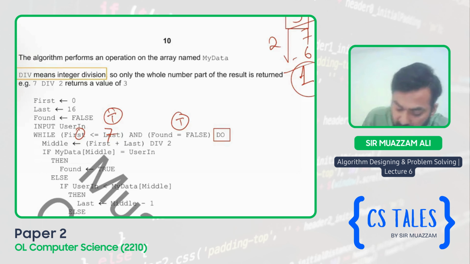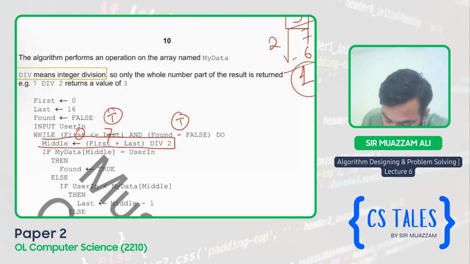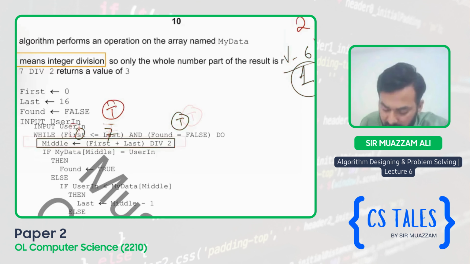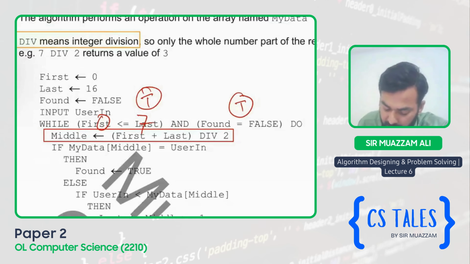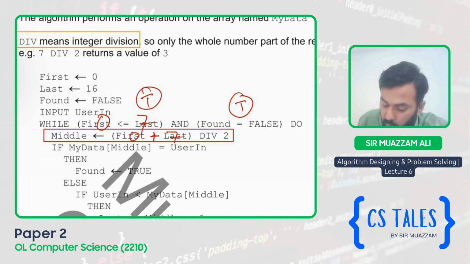Do stands for what you have to do: write down some value in the middle. What is the value of first? First is 0 plus 7 div 2.